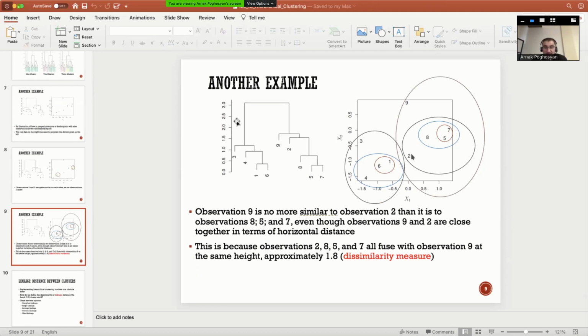And when you are cutting from somewhere, actually you are saying that I know the maximum distance between different subclusters within my clusters.